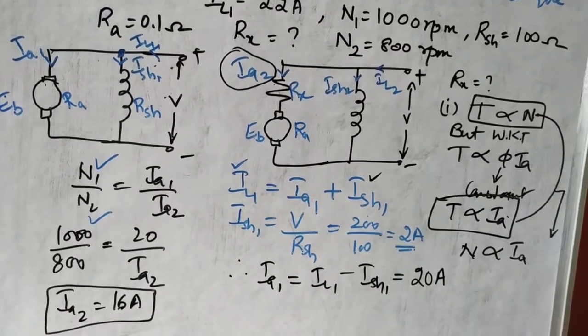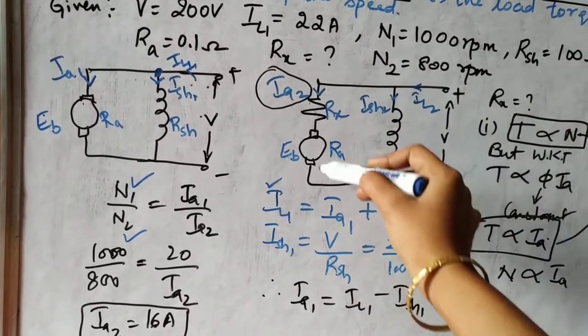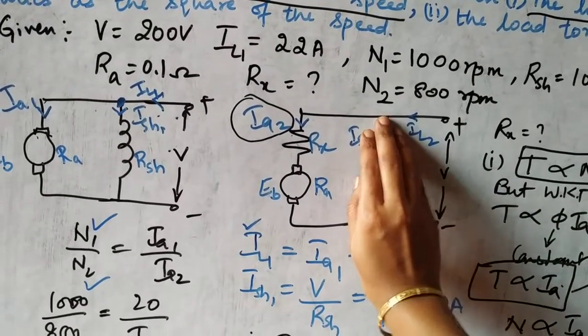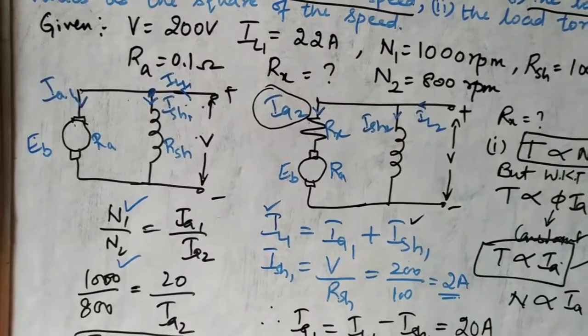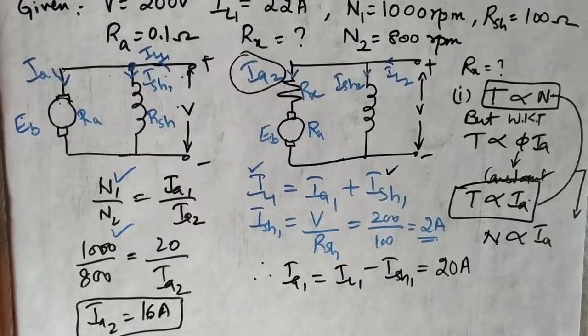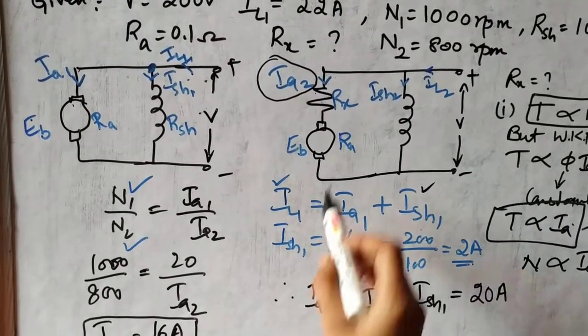How? By applying the KVL to this loop. Just hide this shunt and apply the KVL to this circuit. So you will get one voltage equation. What is that voltage equation?